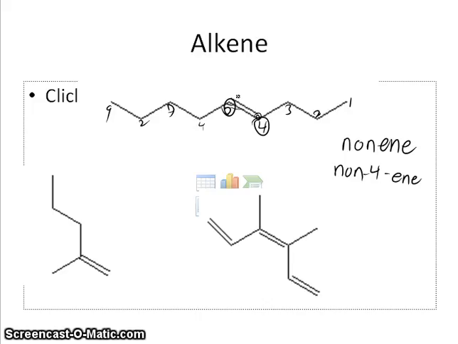Now, for the next one here, we can start either in this corner, or this corner. The thing to consider is which one will give your double bond the lowest number. So clearly, just by looking at it, you'll know to start here at 1, 2, 3, 4, 5. So that's going to be pentane.